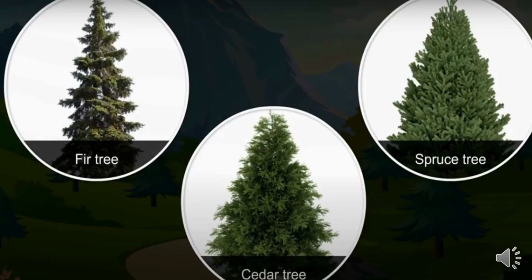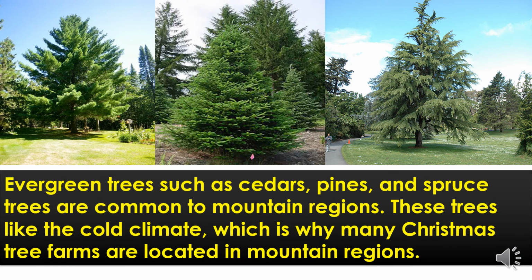As you can see, most of these trees are conical in shape and their leaves are not broad and flat but they are needle-like. So children, evergreen trees such as cedars, pines and spruce are common trees of the mountains.